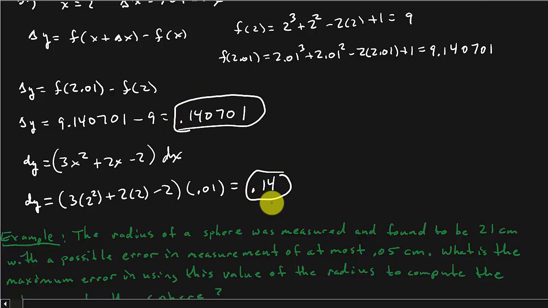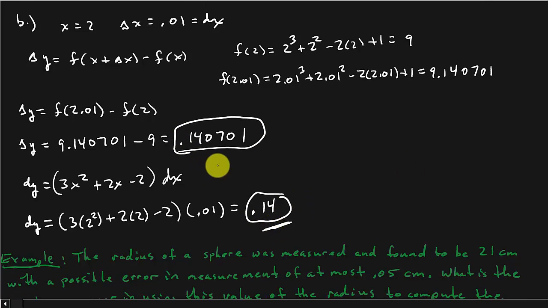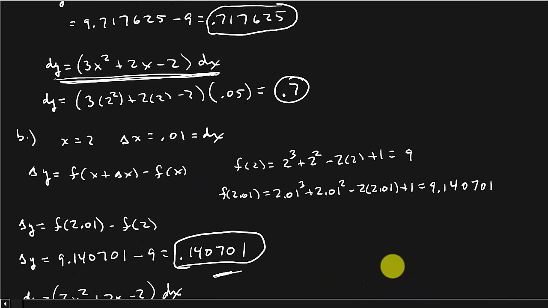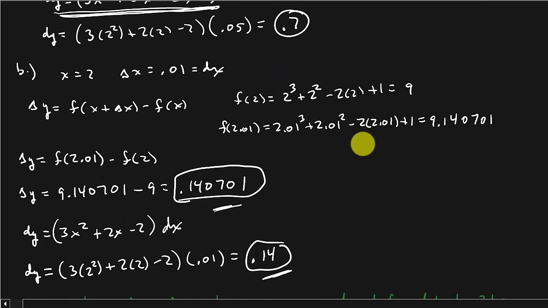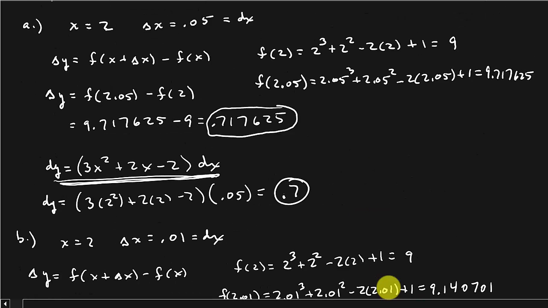So you can see this one right here looks to match a little better than what we did up here, which makes sense because dx, or delta x, is smaller. It's 0.01 versus 0.05.